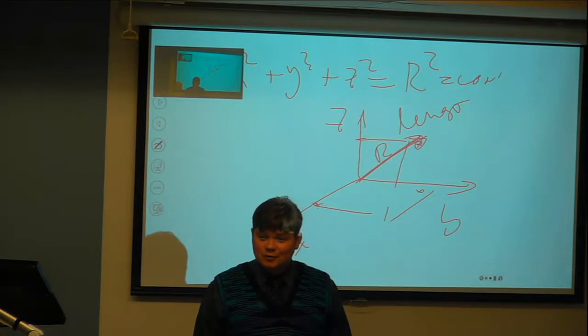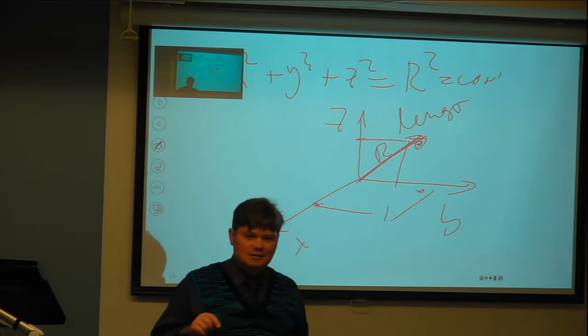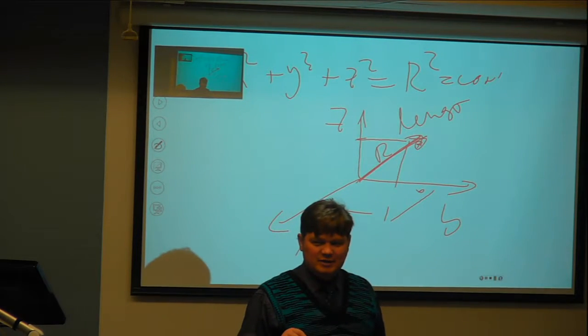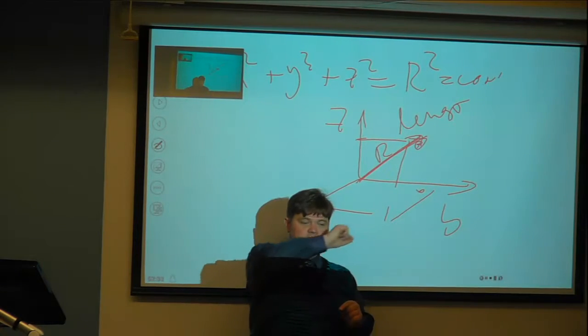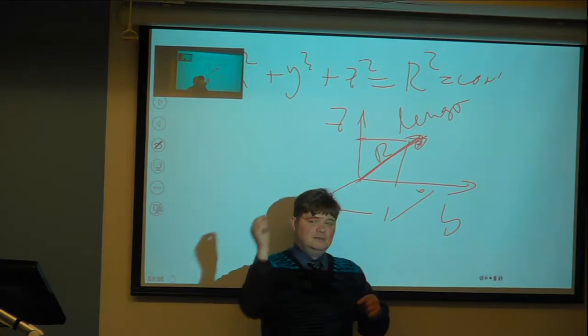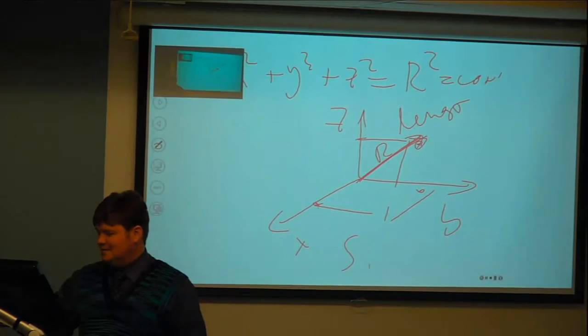Which shape is it? Mathematically, each point that is offset from origin by a fixed length. A sphere. Yes, perfect.